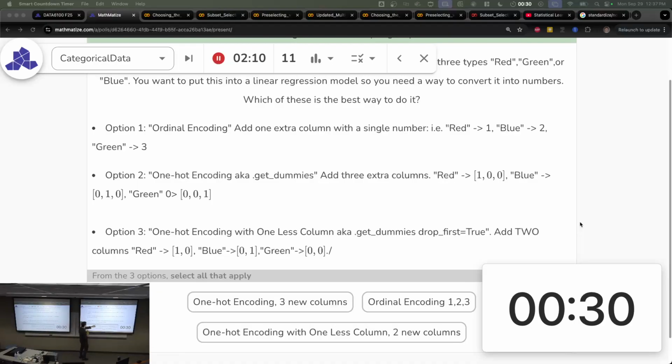I made this an all that applies, so you can pick more than one if you want.